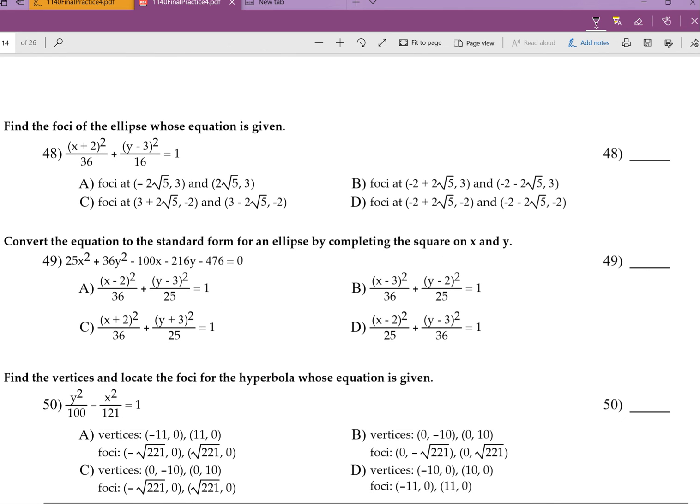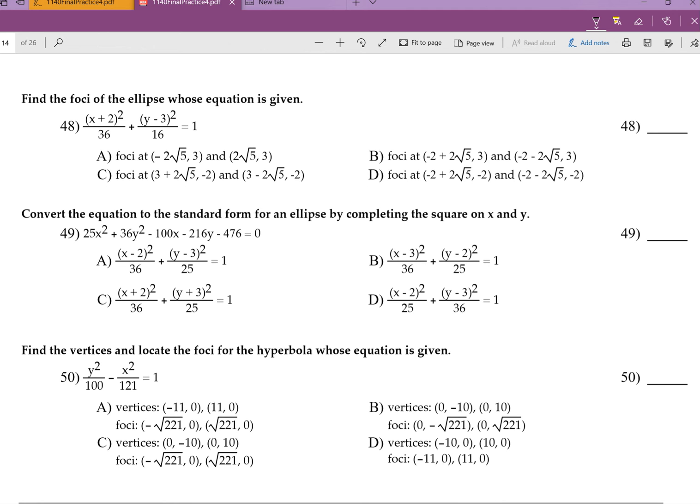Alright, and then for 48, they're giving you an equation of an ellipse. The major axis is obviously the 36. So all of your foci values should be located in the x position. So in this case, y has to hold the 3.